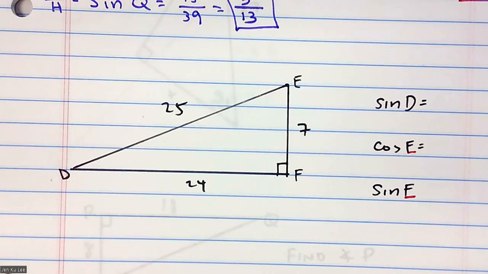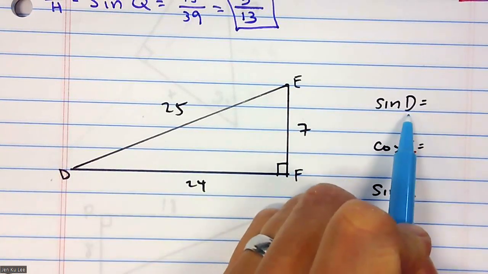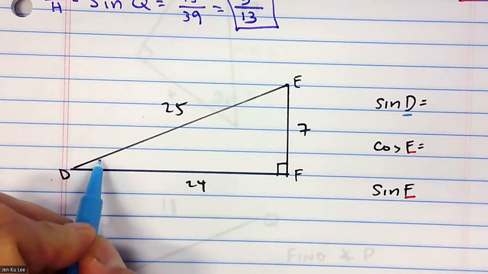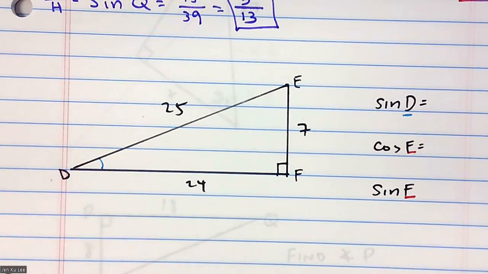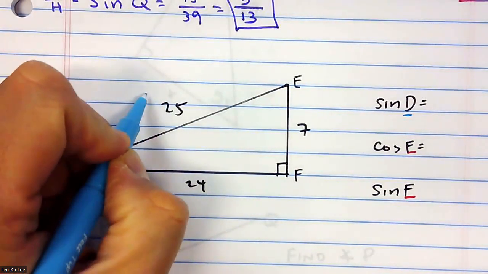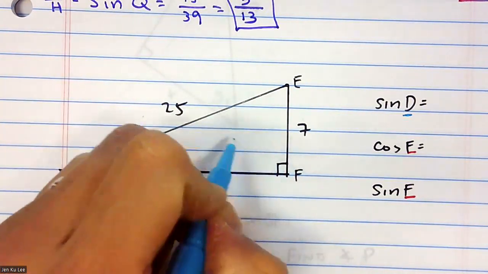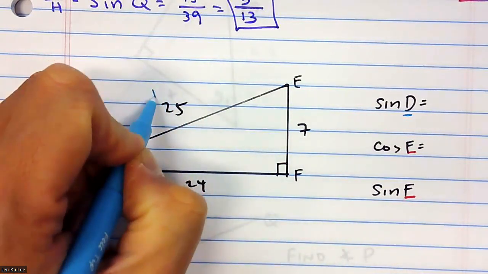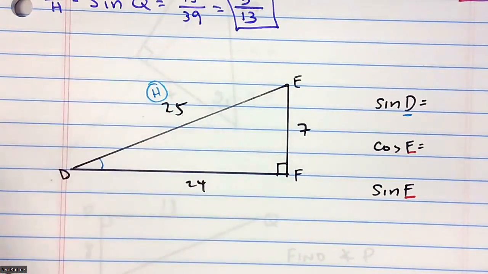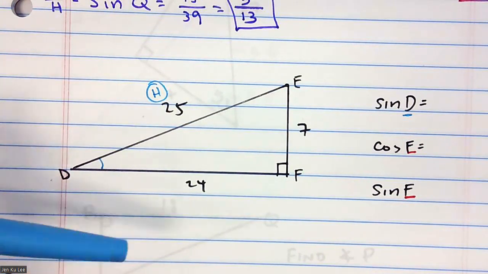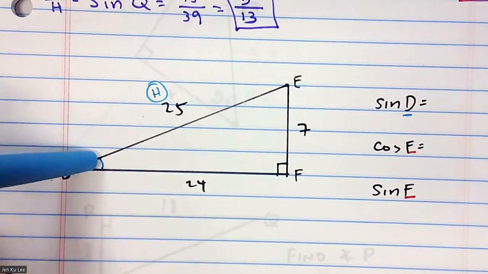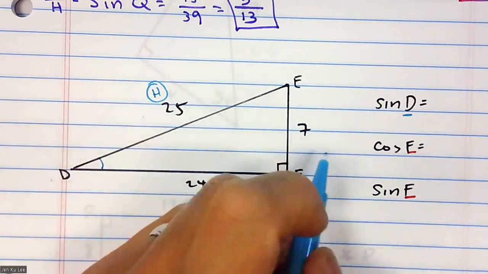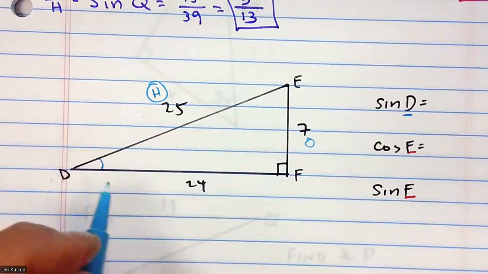All right. So if you look at it from the viewpoint of angle D, right? Remember, our first step is always to label the sides, right? I know 25 is opposite of my 90-degree angle, so it's my hypotenuse, right? Opposite angle D is 7, so that's my opposite side.